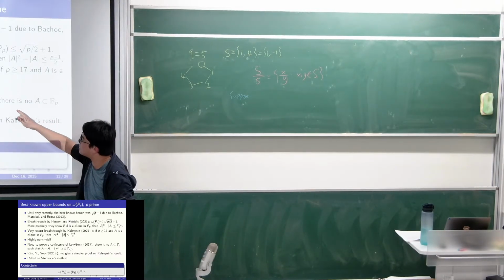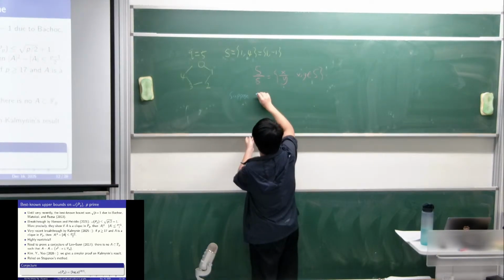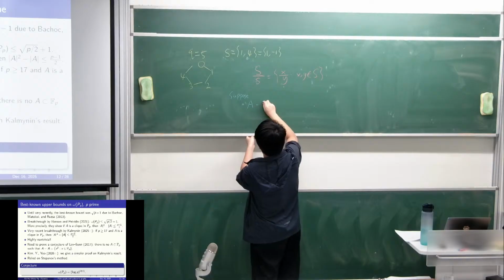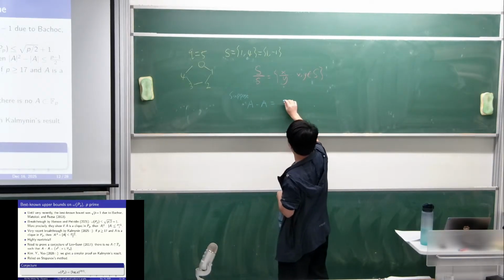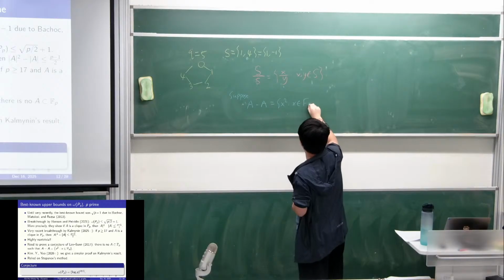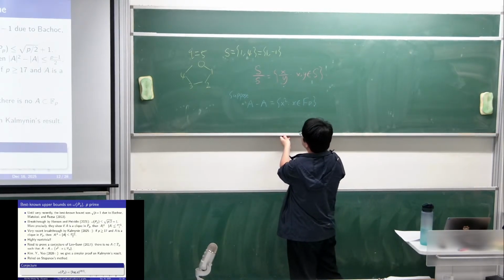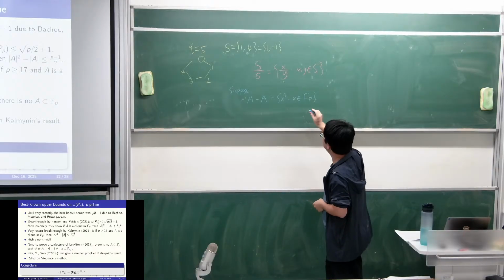Assume that the conjecture is false. That means we can find some A such that A minus A is all the squares in F_p. We know that the number of squares in F_p is (p minus 1) over 2.